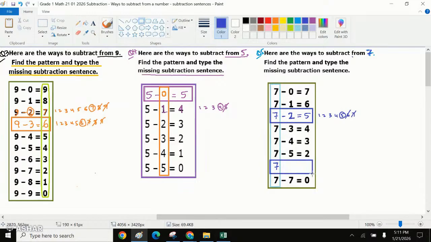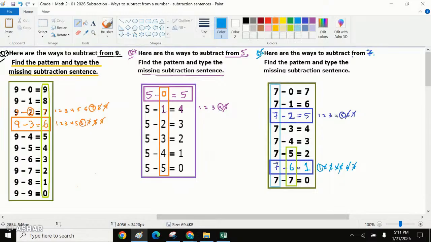So we know 7 and the previous number, then this missing is 5. Between 5 and 7, what should be the number in between these two numbers? It should be 6, right? So we can say that this is 6 over here. And we know how to subtract 1, 2, 3, 4, 5, 6, and 7. That means we are removing 6 numbers and we are left with a 1, right?